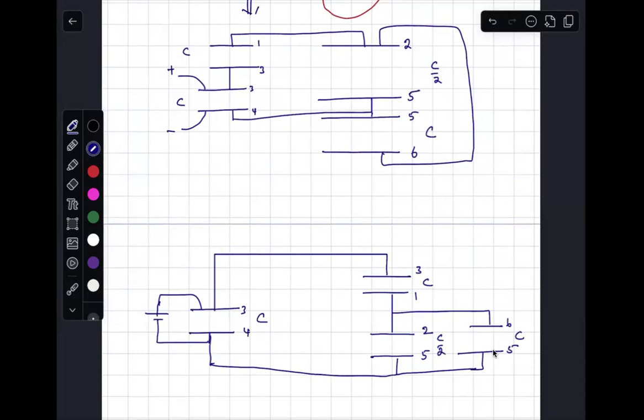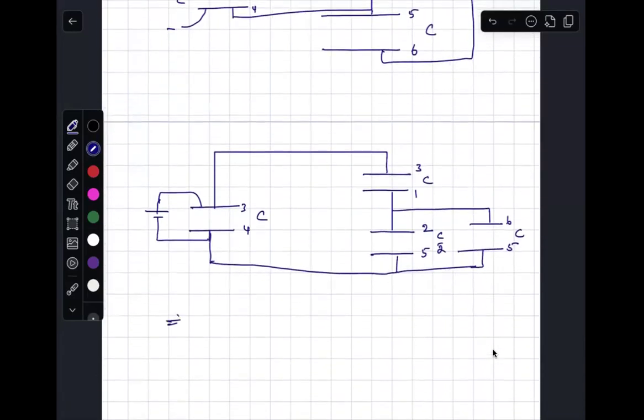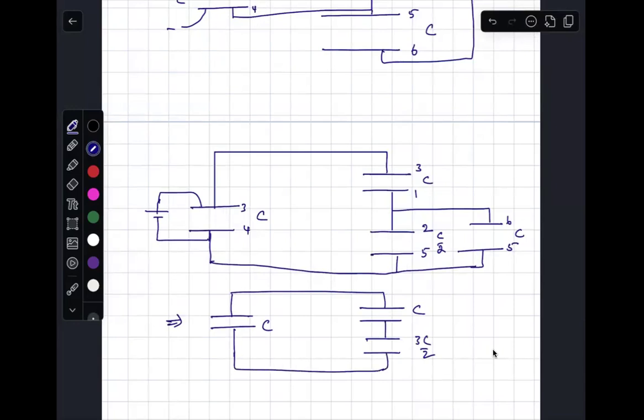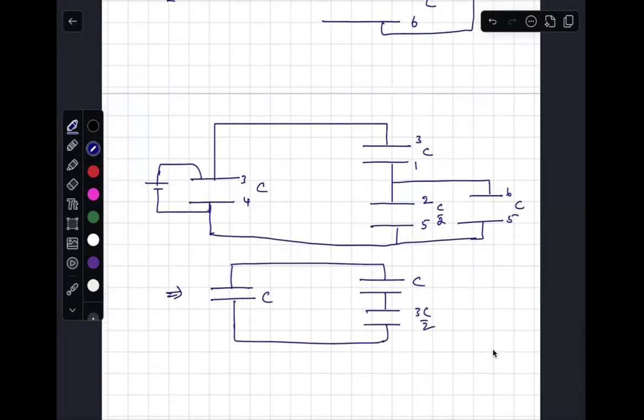3-2-4 capacity C. Again, this will be further written as C by 2, C parallel, 3C by 2. C, C by 2 parallel, 3C by 2. Now, we are connecting it to battery.